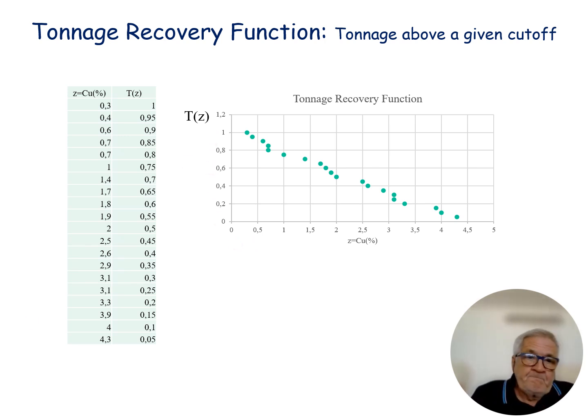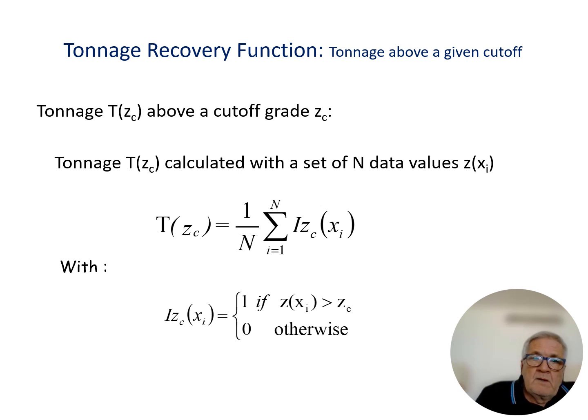So let's define the recovery function tonnage above a cutoff grade. T above ZC, the cutoff grade, can be calculated from the set of n available values of grades here.